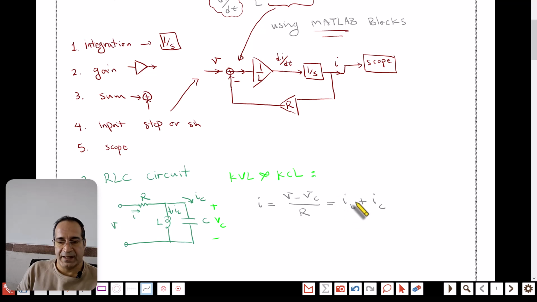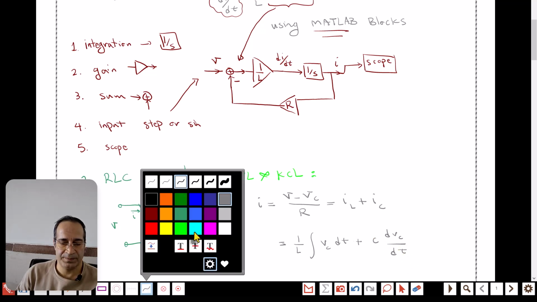And then I can get IL from the equation for an inductor, which is IL equals 1 over L integral of VC dt, and IC, the current in the capacitor, is C dVC over dt.